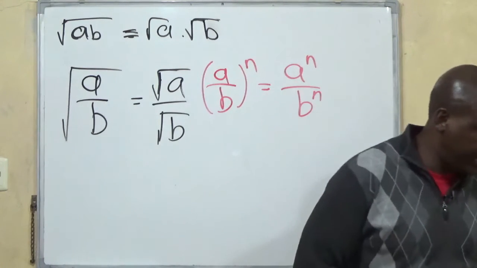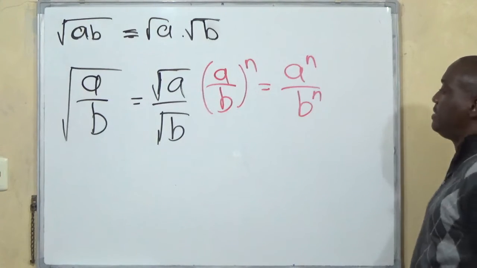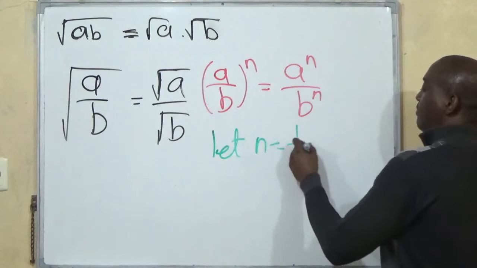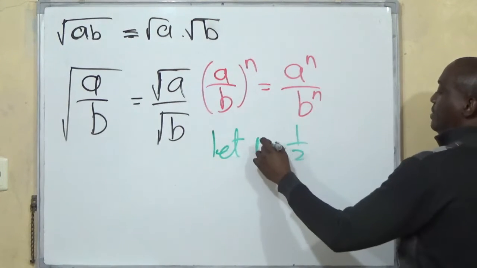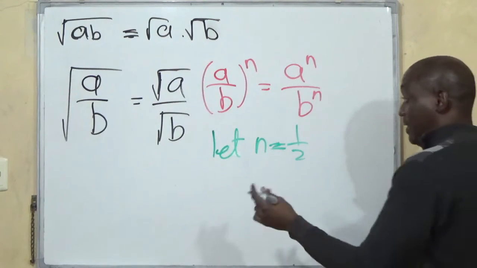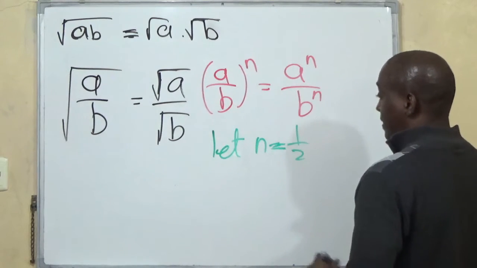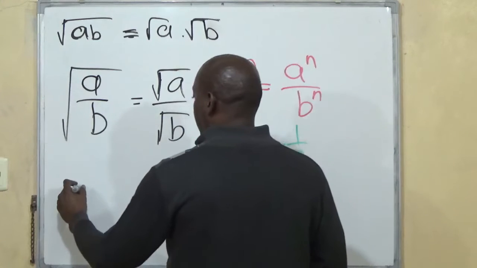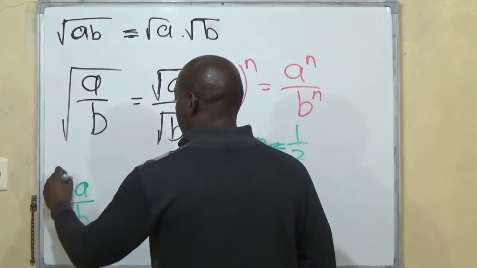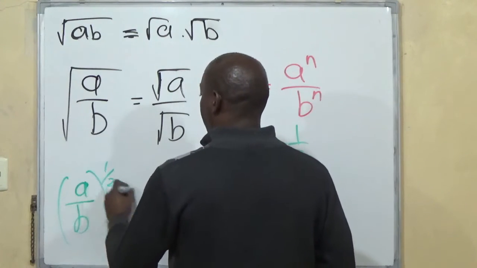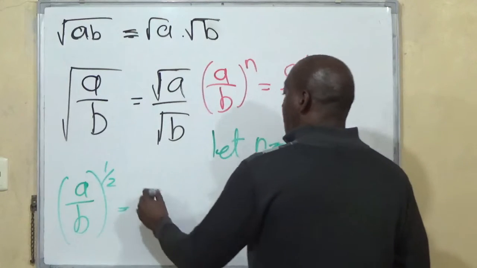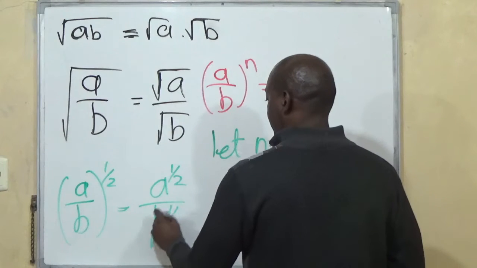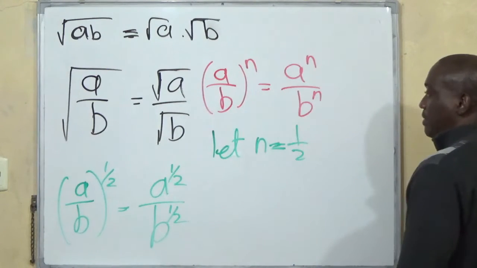And that special case happens when we let n equal a half, just as was the case for rules 9 and 11. If we let n equal a half, then A over B to the power of a half is equal to A to the power of a half over B to the power of a half.